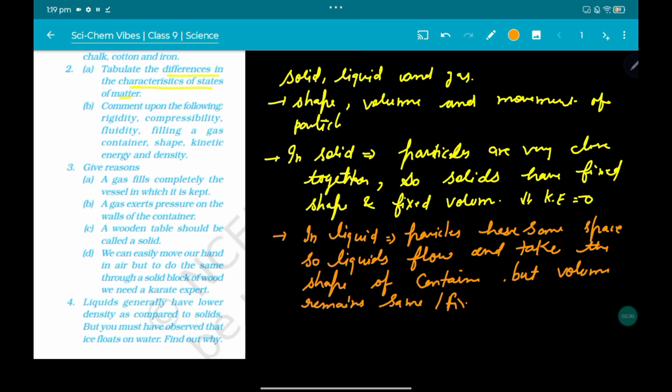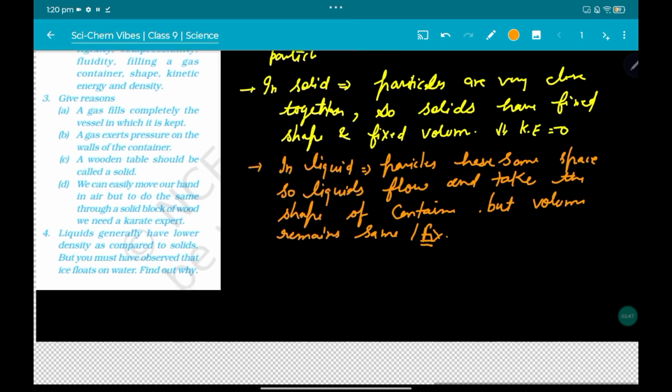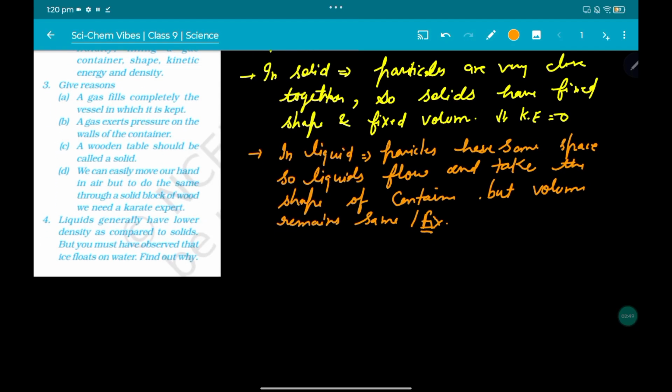So liquid particles have space between them. That's why liquids flow and take the shape of the container, but the volume remains the same in liquids.